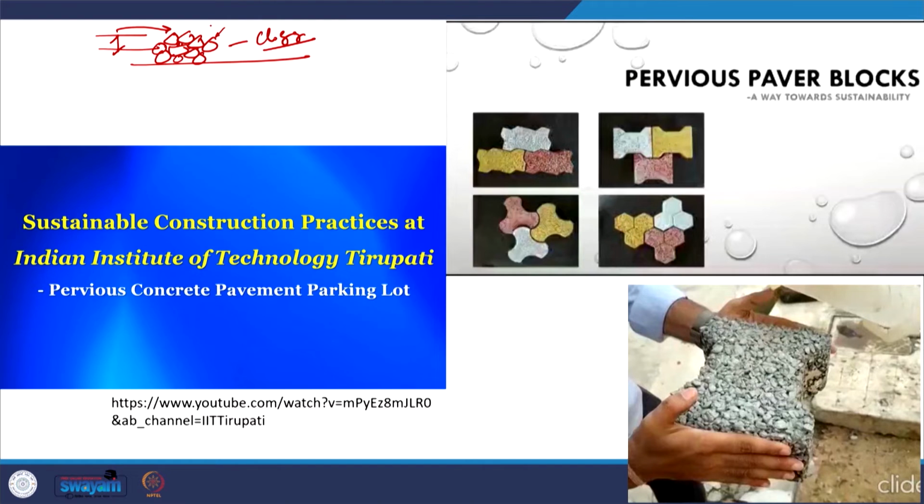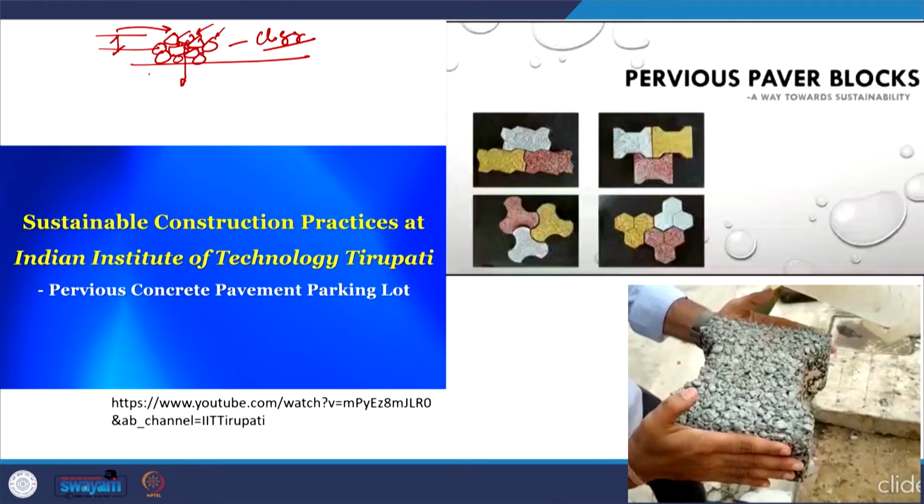But in the case of pervious concrete, if we spray water, this water is going to go down. So, though various curing techniques have been adopted, there are no standard guidelines or appropriate control over the field curing of pervious concrete samples or pervious concrete layers.